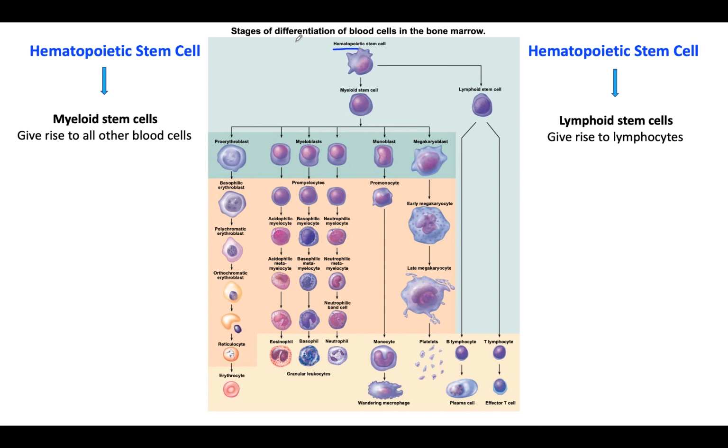In other words, it has enormous power and potentiality to differentiate into different kinds of cells. Hematopoietic stem cells divide continuously and make two types of progenitor cells. One is myeloid stem cell and the other is lymphoid stem cell.